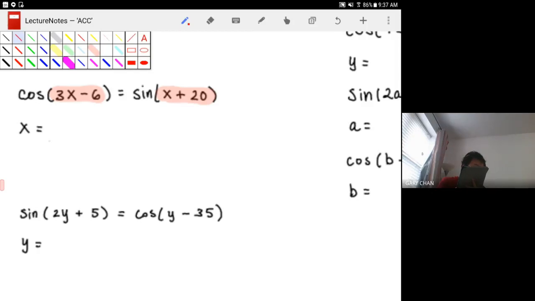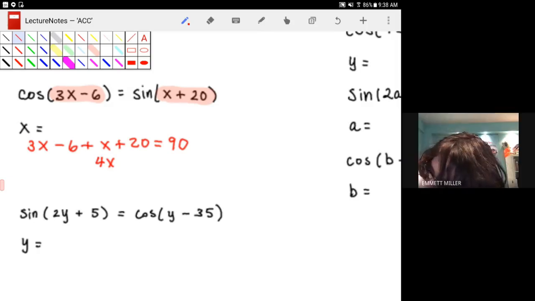Recognizing that, we say 3x minus 6 plus x plus 20 must equal 90. Then we add them together, 3x and x, and we end up with 4x. Negative 6 and 20, we end up with 14.